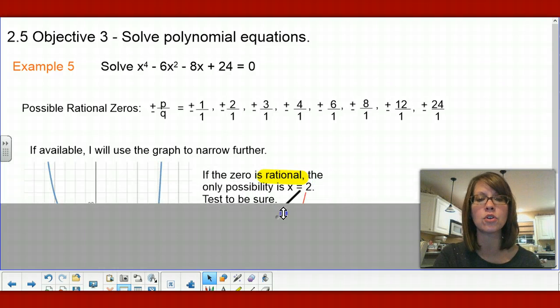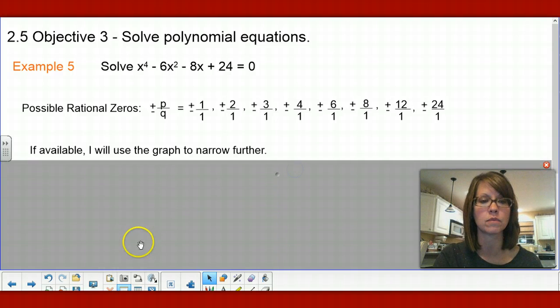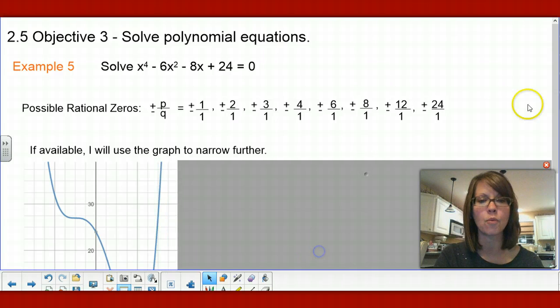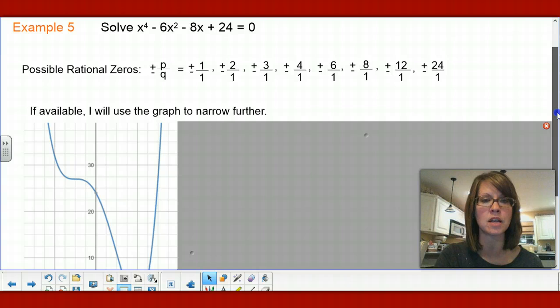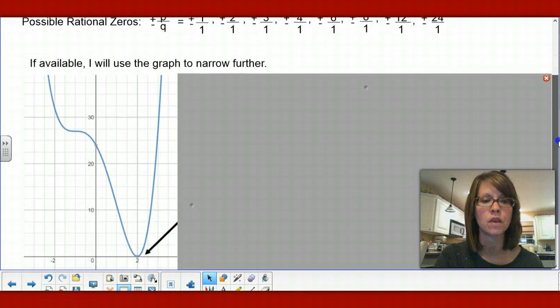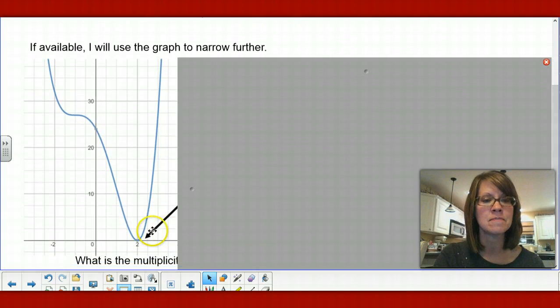So when I look at a graph here, let me scoot it this way. When I look at the graph of x to the 4th minus 6x squared minus 8x plus 24 equals 0, okay, I can see that it has a root, a 0, where x is 2.